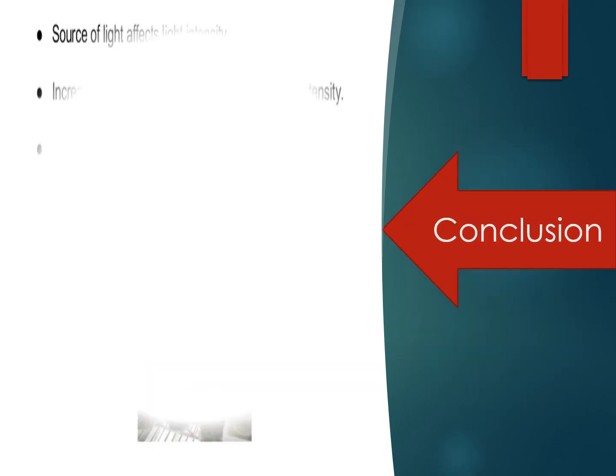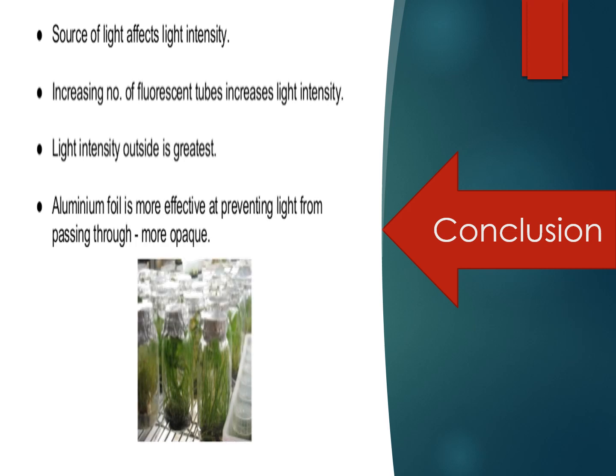Our conclusion is that sources of light affect light intensity. So the light from the sun is different from the light from a candle, or light from fire, or light from your car, or light from light sources at your home. Increasing the number of fluorescent tubes increases the light at your home.